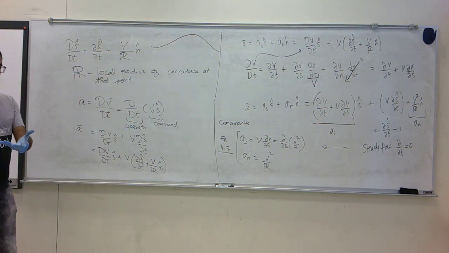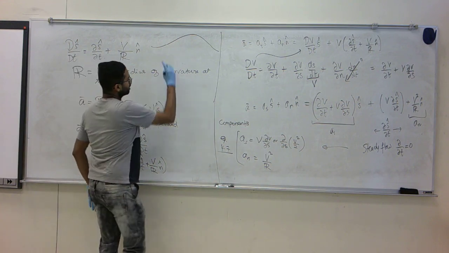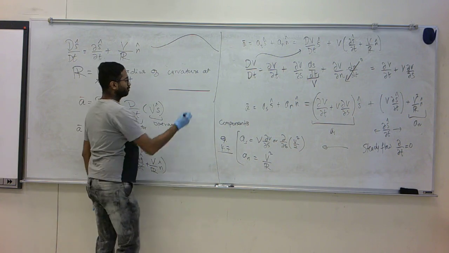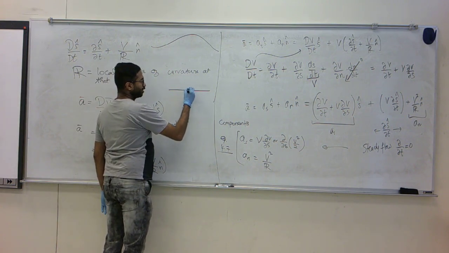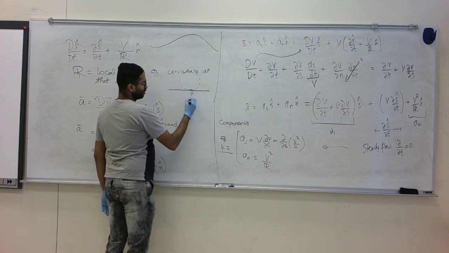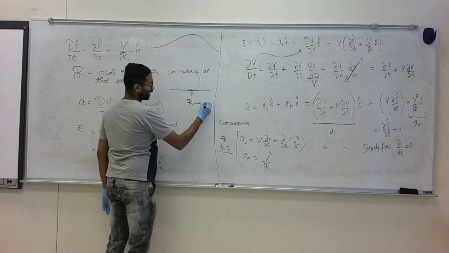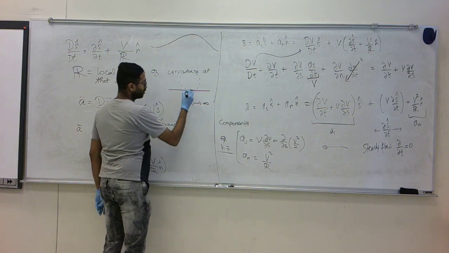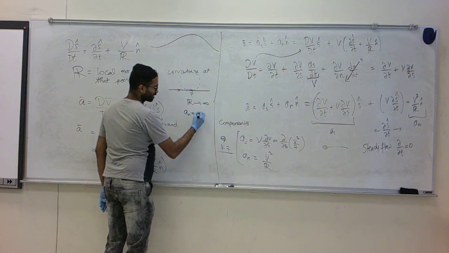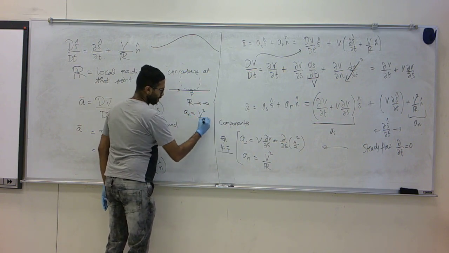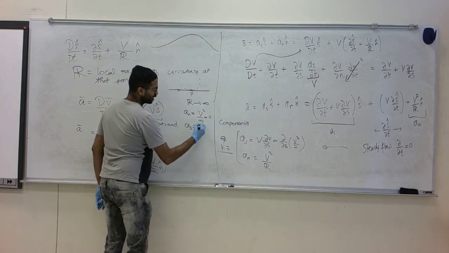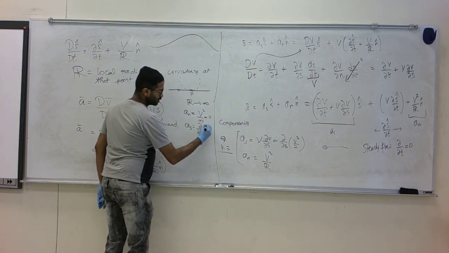Now simple idea. If your streamline is perfectly flat, you take any point here. If you draw a circle that is tangential to the point, that circle will have a radius that is practically infinite. Or in other words, if you have a flow along a straight line, the normal component of the acceleration is 0, and all of your acceleration is pretty much due to the streamwise component.